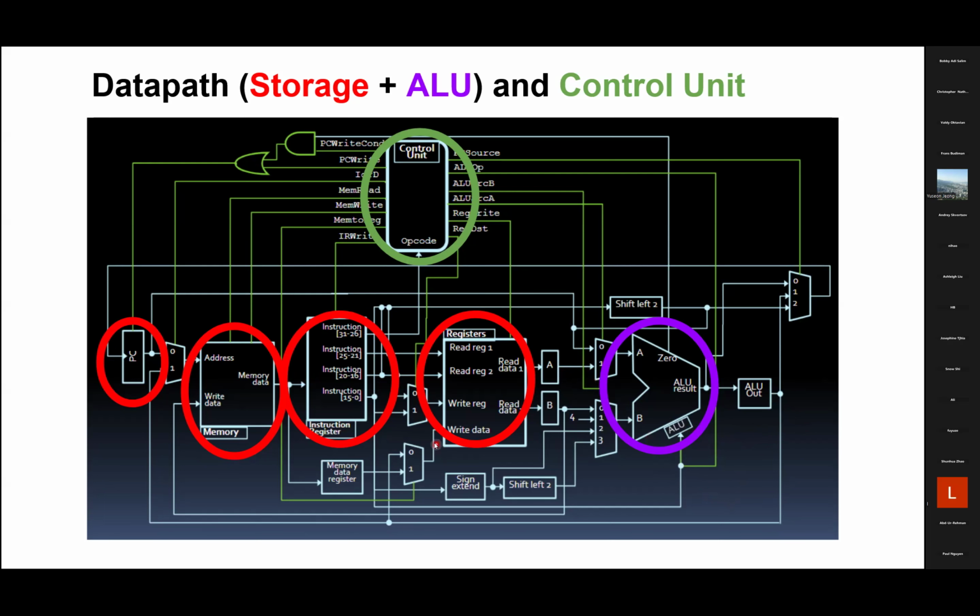Looking at the storage, we have 4 storages in this simplified version of the data path. You have the program counter, the main memory, the instruction register that stores all our instructions, and the register files that store our temporary data.